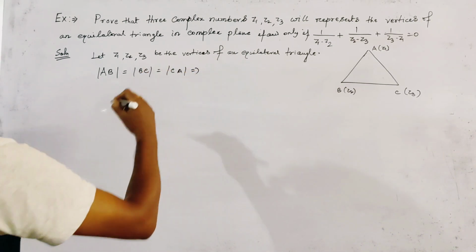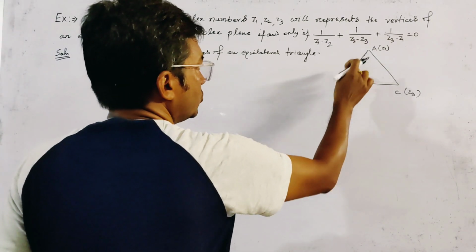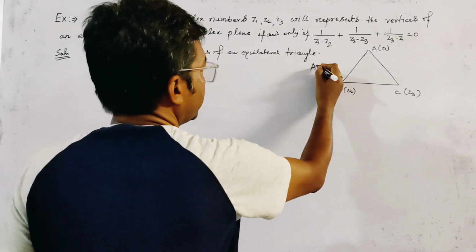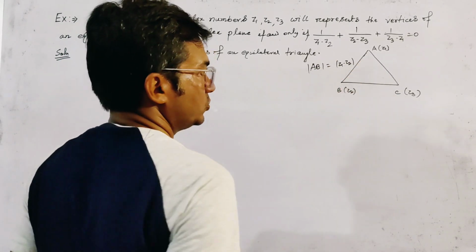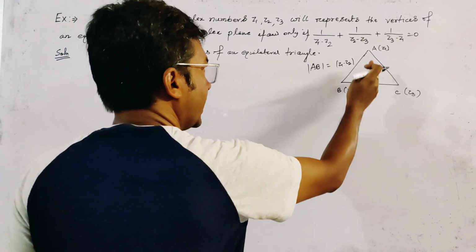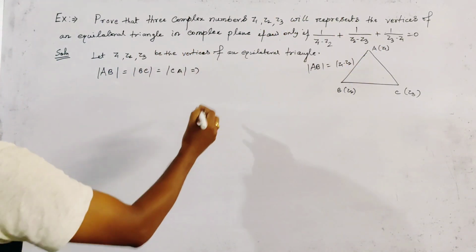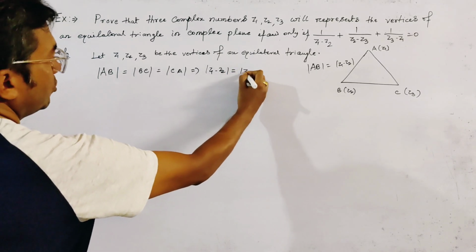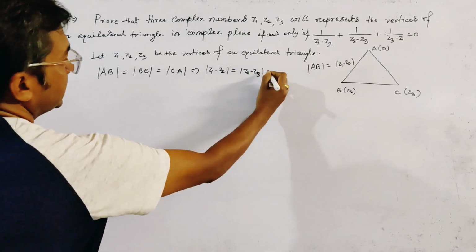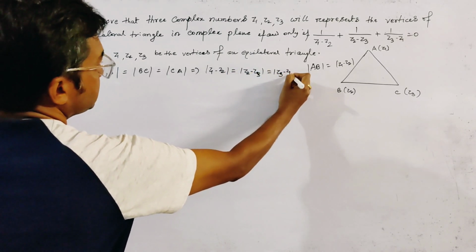This relation gives, since these are complex numbers, the length of AB is given by mod of Z1 minus Z2, and similarly for BC and CA. So we get mod of Z1 minus Z2 is equal to mod of Z2 minus Z3, which is equal to mod of Z3 minus Z1.